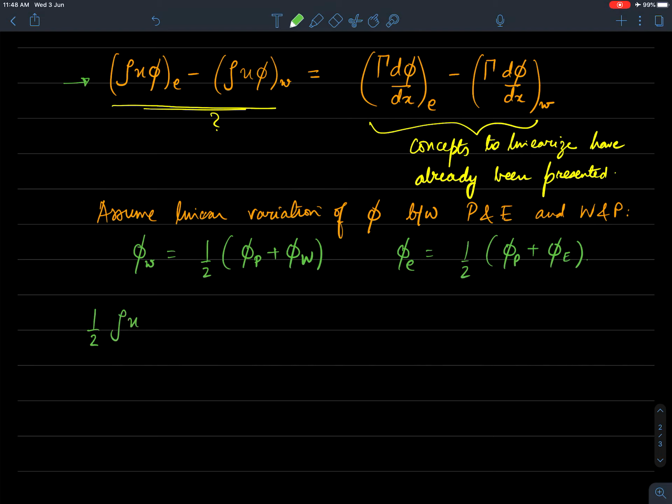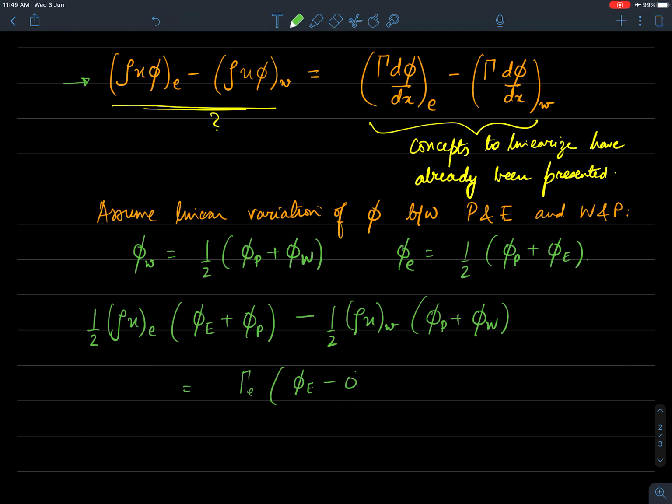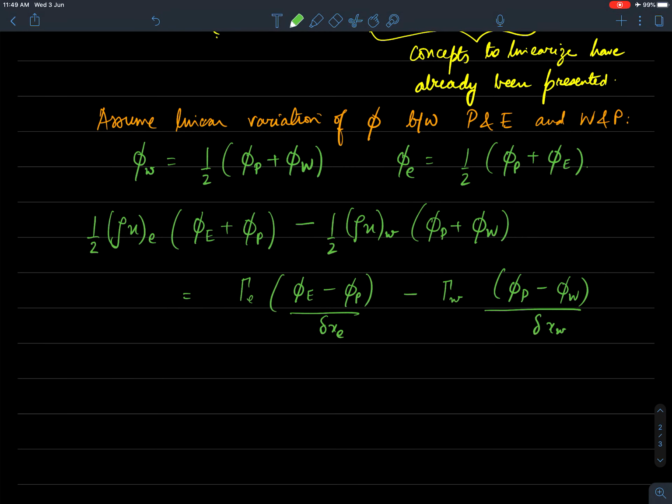So what we'll have is half of rho u at the east face into phi E plus phi P, minus half rho u W into phi P plus phi W, would be gamma E into phi E minus phi P by delta xe, minus gamma W into phi P minus phi W by delta xw.